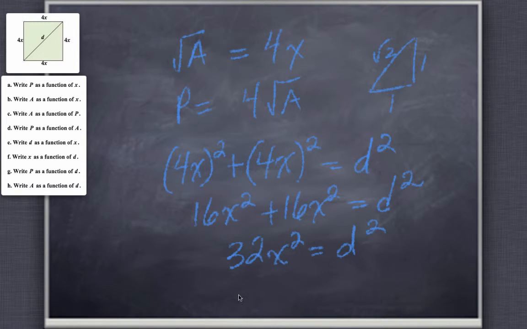We want d as a function of x, so d is square root of 32x squared, which you can take out 4x and say it's 4x times root 2. Normally with all these roots running around, you'd have to worry about plus and minus, but these are all measures of positive lengths, so we don't have to do that.